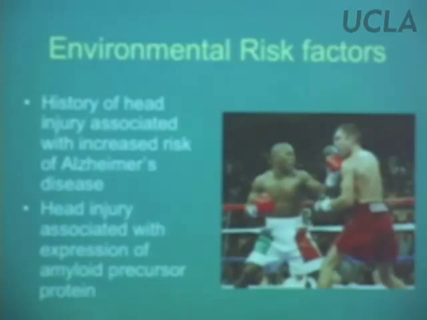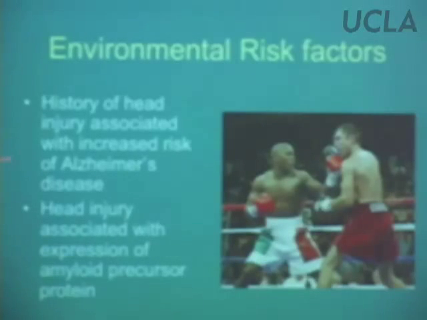Okay. Environmental risk factors. The main one is age. Certainly age is a huge risk factor for Alzheimer's disease. You don't see it in young people. You do see it in older people. But I'd say the second most important one is head injury. History of head injury is associated with a high risk of Alzheimer's disease.